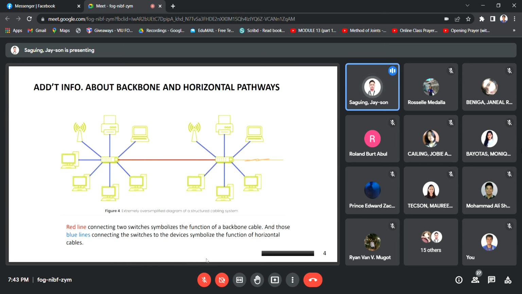But it suits our purposes here because the red line connecting two switches is what we call the backbone cable. The blue lines connecting the switches to the devices symbolize the function of horizontal cables.